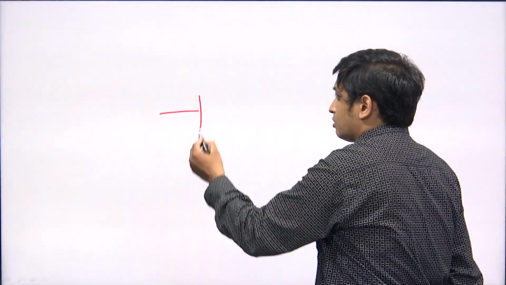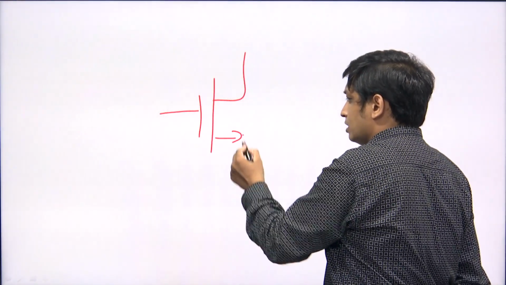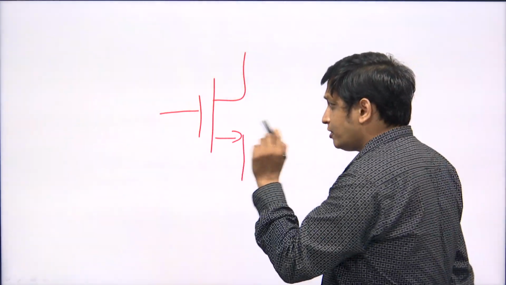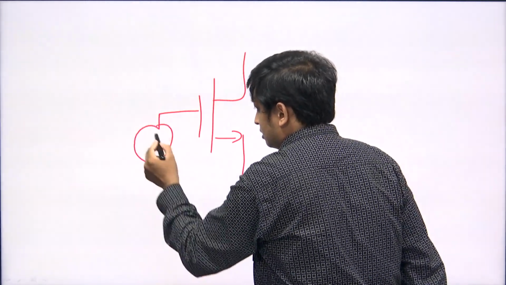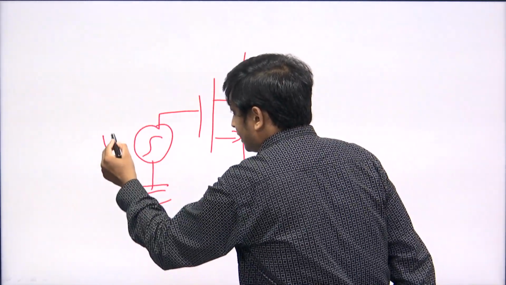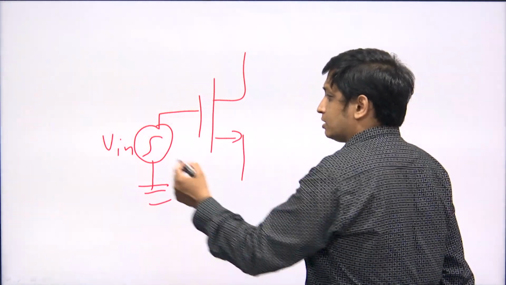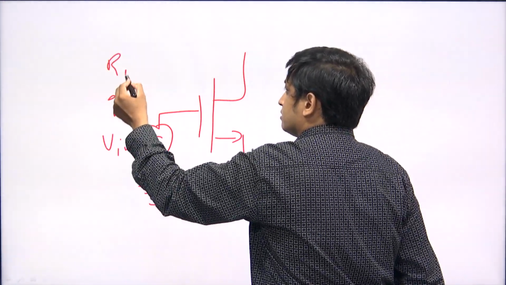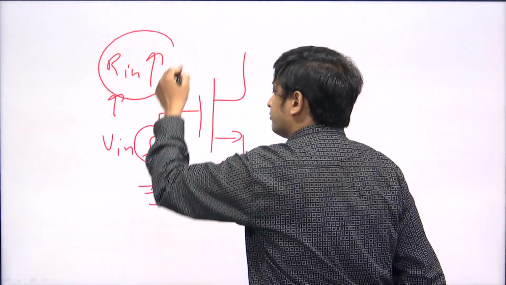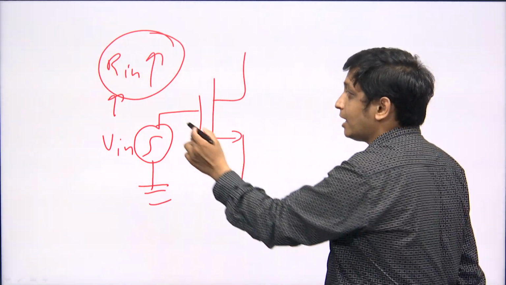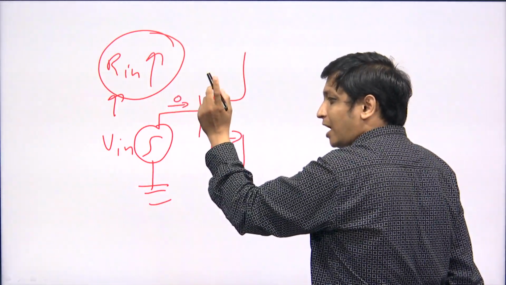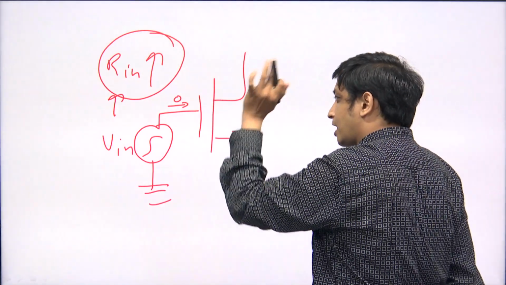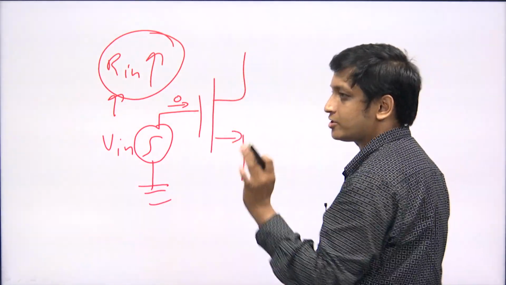So, the point is that this is your MOSFET. Whenever you apply the input signal at the gate of the MOSFET, the input resistance will be high. The reason is that the gate current is ideally 0, so the input resistance is ideally infinite, practically it is very large.